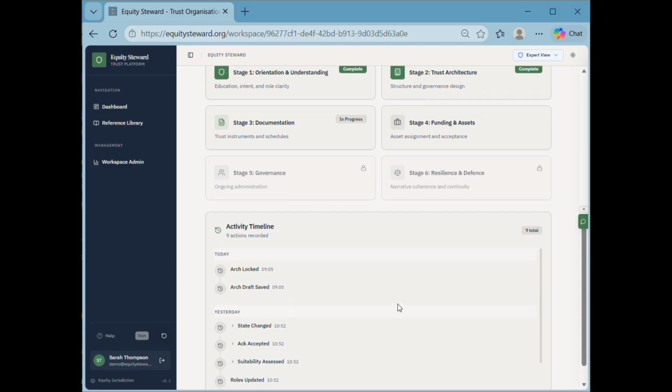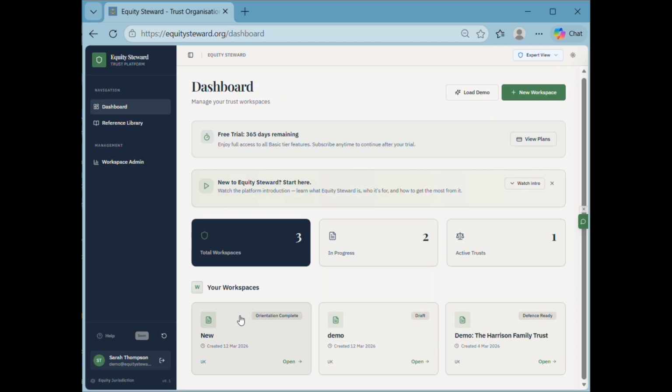By preserving earlier architectural versions and clearly recording later changes, the platform maintains a coherent structural narrative. These versioned architectural events also appear in the trust's administrative timeline. This allows anyone reviewing the record to see when structural changes occurred and how the trust's design developed over time.